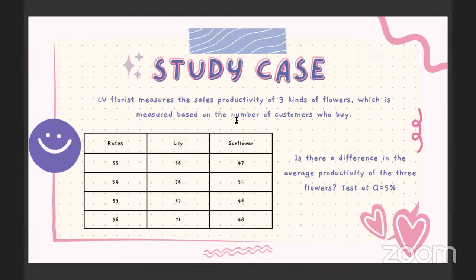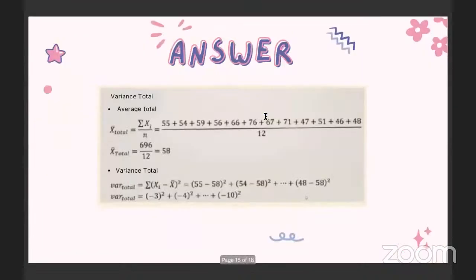And sunflower: 47, 51, 46, and 48. Is there a difference in the average productivity of the 3 flowers? Test at alpha of 5%. Here's the answer.